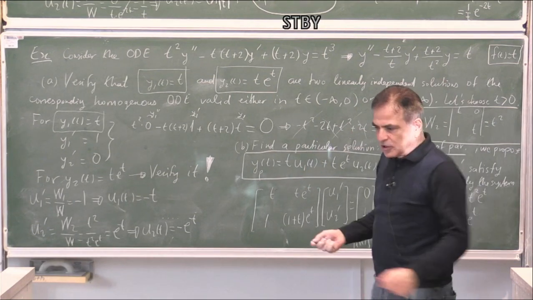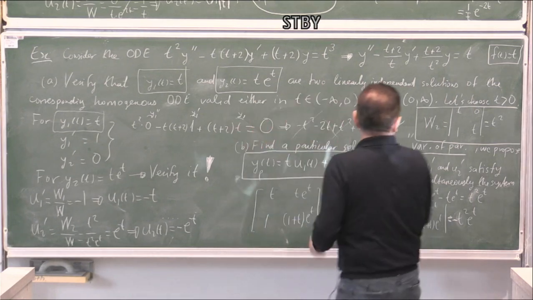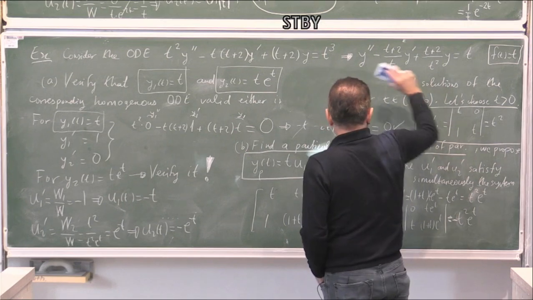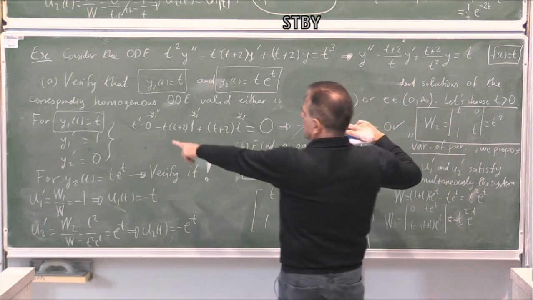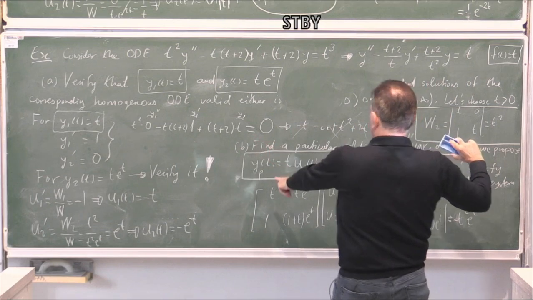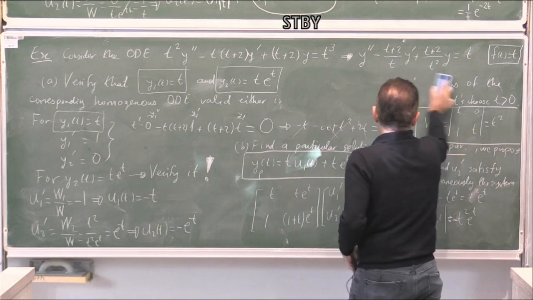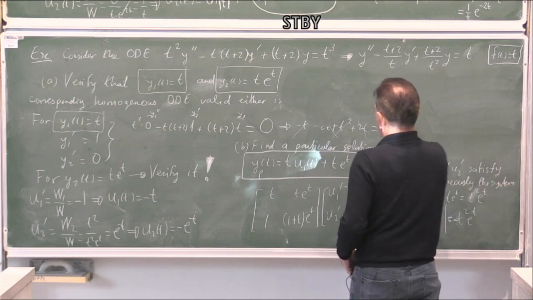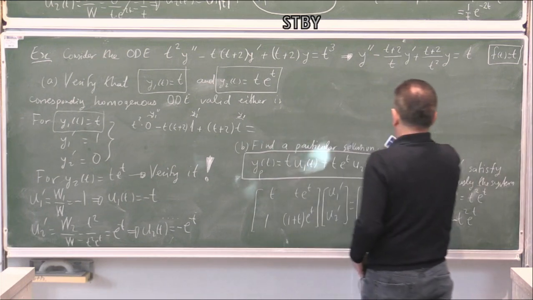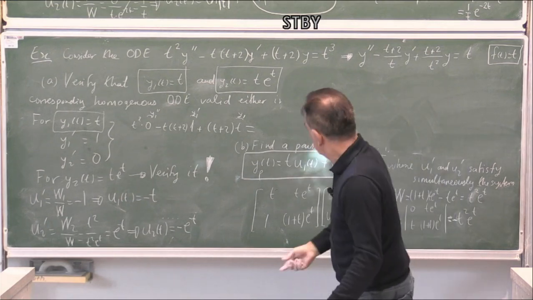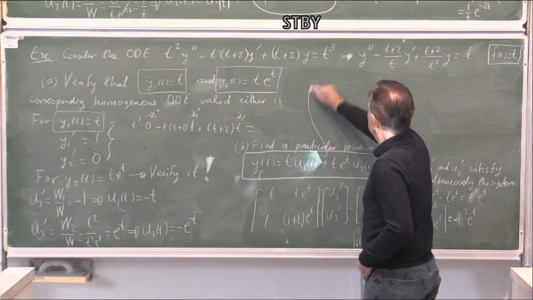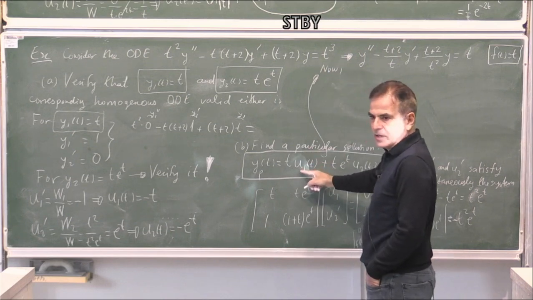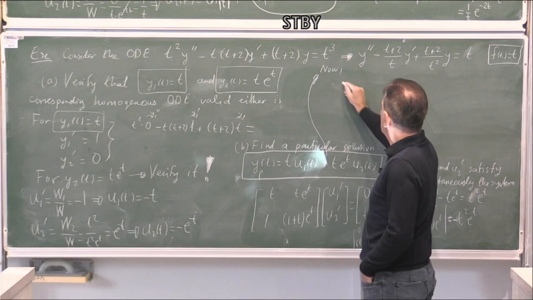So let's write down the solution. Where is yp? We propose, yes, here is yp. Now here is the form of a particular solution. It remains to put in the u1 and u2 we determined.